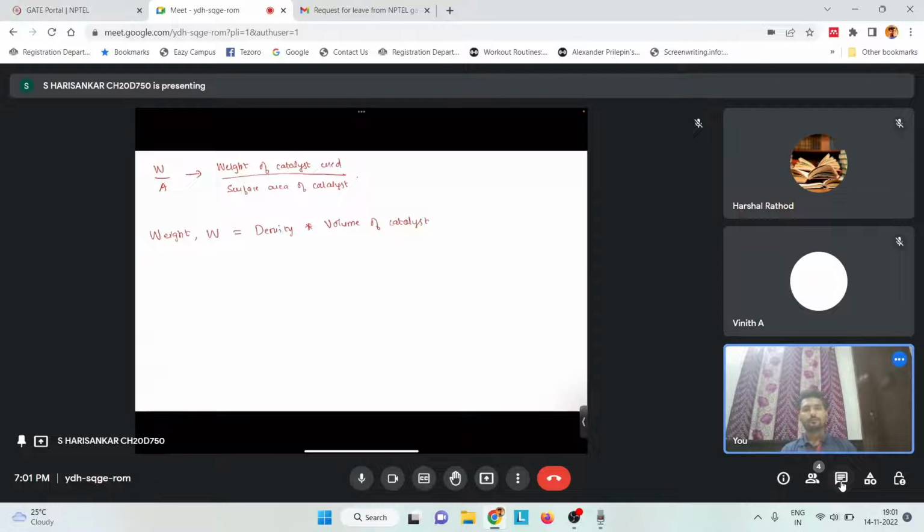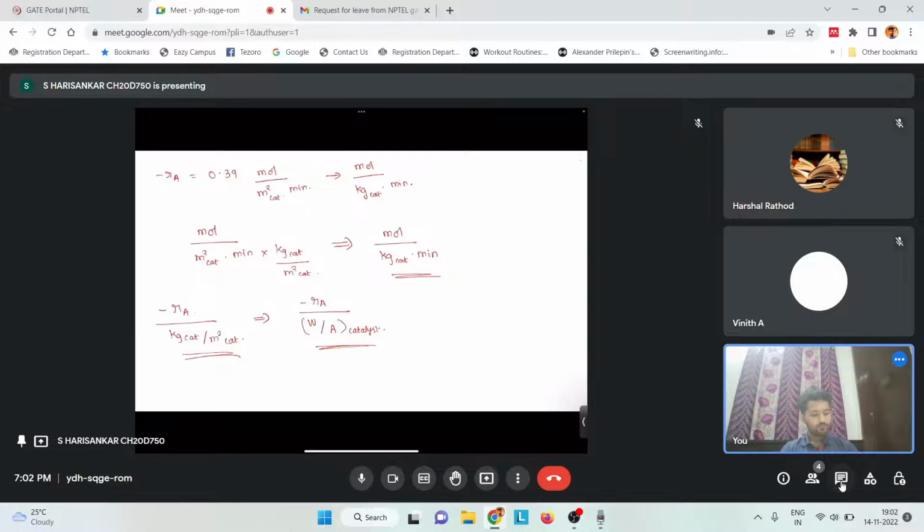Here they have given that the density of the catalyst is 8910 kilogram per meter cube. And the catalyst is a hollow cylinder, and the dimensions are also given.